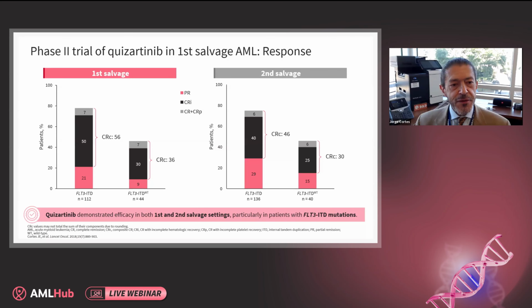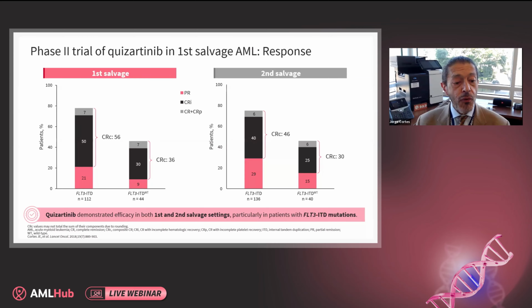So I'm skipping a few steps here, but eventually we went to this phase 2 study, which had two cohorts. The one that was older patients, age 60 or older, that were receiving their first salvage, and the other cohort that was adult patients, age 18 or older, who had already received one salvage therapy, so were receiving their second salvage.